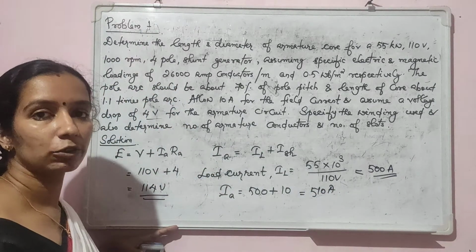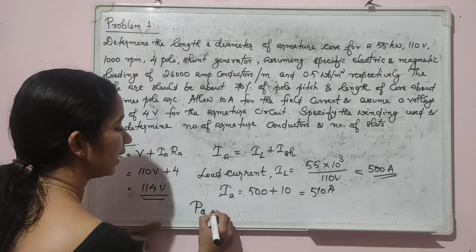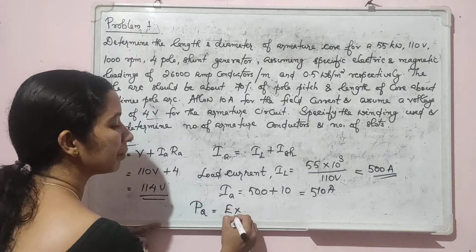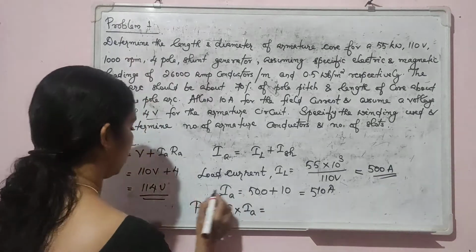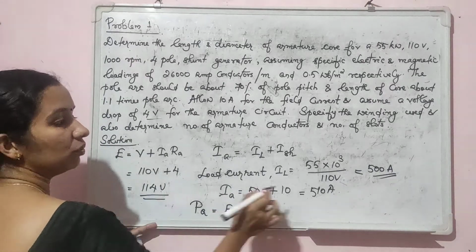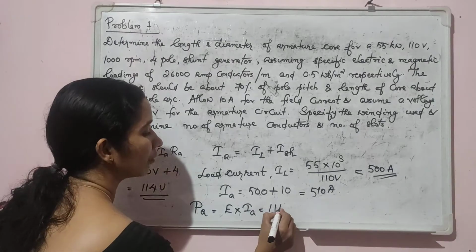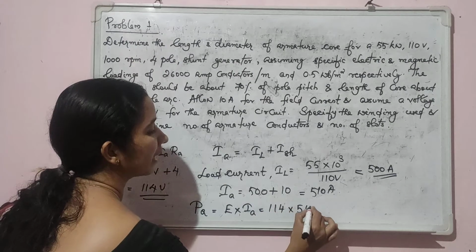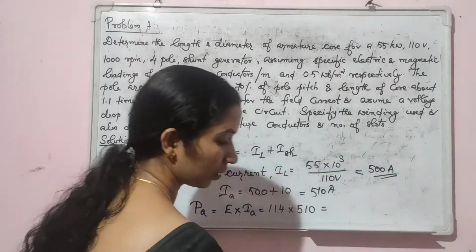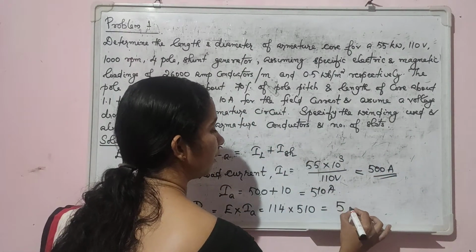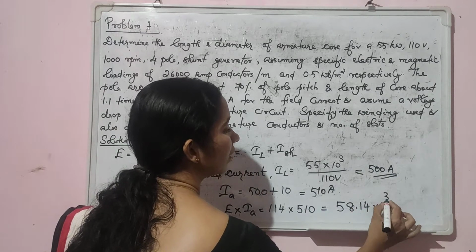Now we have to calculate the power developed in the armature. So armature power PA will be equal to induced EMF in the armature into armature current, which is equal to 114 into 510 ampere, which is equal to 58.14 into 10 raised to 3 watts.